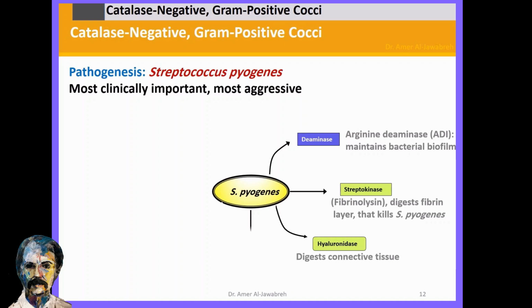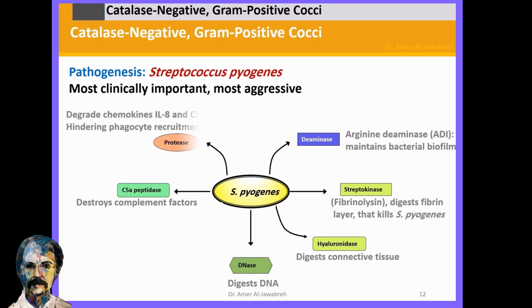Hyaluronidase is another enzyme that destroys the connective tissue, and then your tissue gets loose. DNase destroys the DNA. C5a peptidase, which we just explained, destroys complement factors and chemotactic factors. Protease degrades chemokines, hindering phagocyte recruitment, the call for help. So these are the most studied enzymes that S. pyogenes uses as virulence factors.